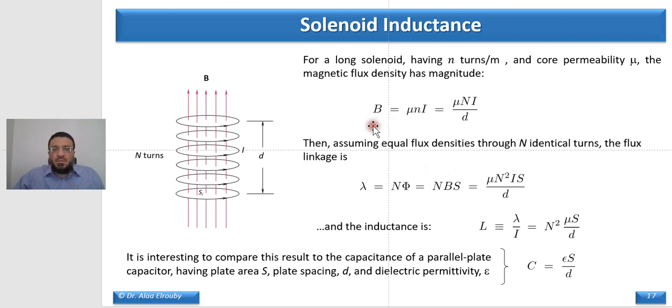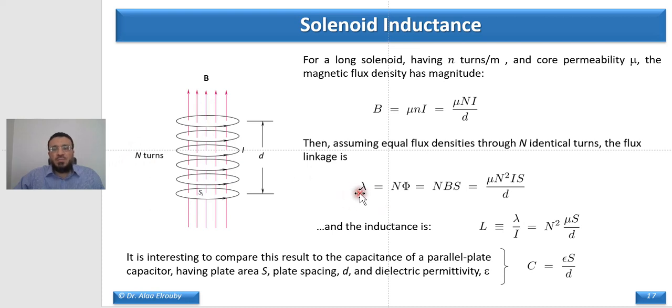From Ampere's law, as we did before, the magnetic field generated by the solenoid equals mu multiplied by N i, where n is the number of turns per meter, which equals the total number of turns divided by d. This is the field in the core of the solenoid.